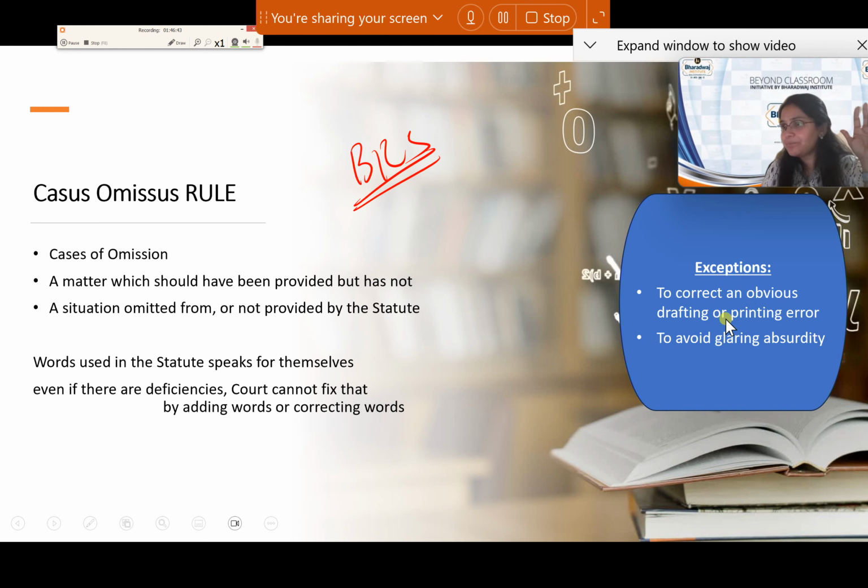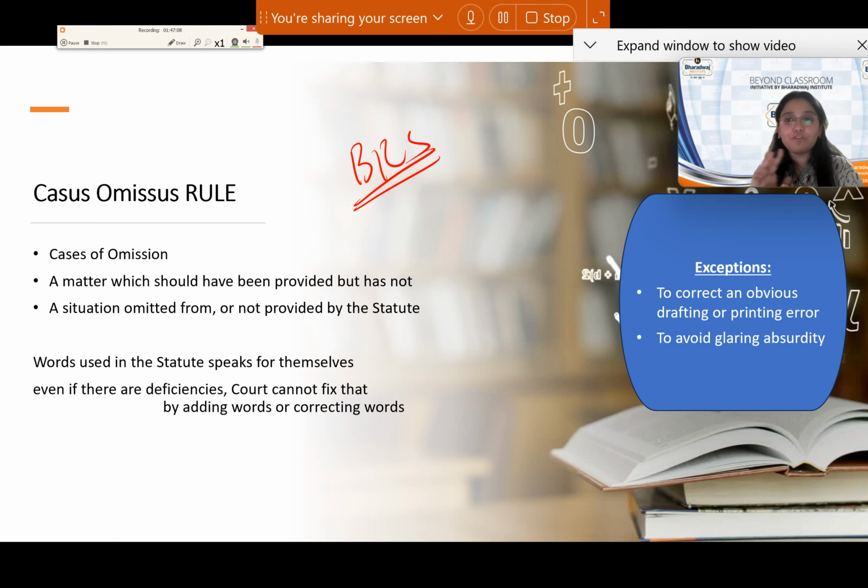Okay? Similarly, if it was a glaring absurdity, punctuational something has grossly changed the meaning, then court may do it. You and I cannot do it. Alright? Casus omissus rule is telling us what is there will be interpreted to the bone. We will not deviate from it. I am repeating. What is the meaning of the rule? This is called as cases of omission.